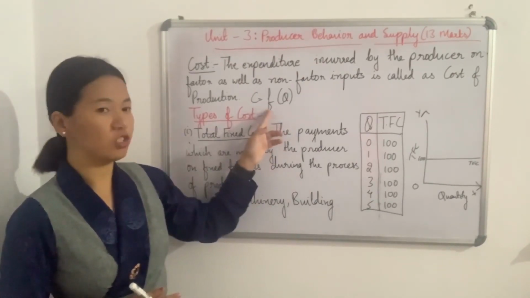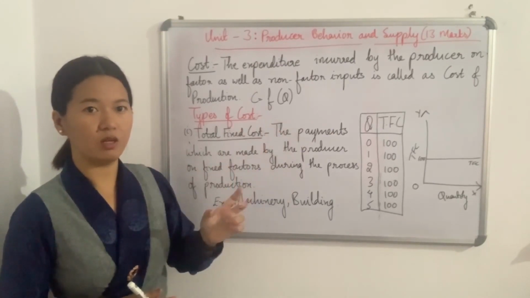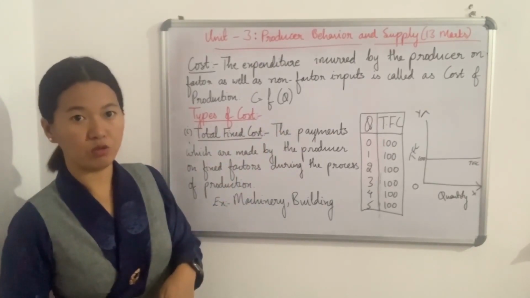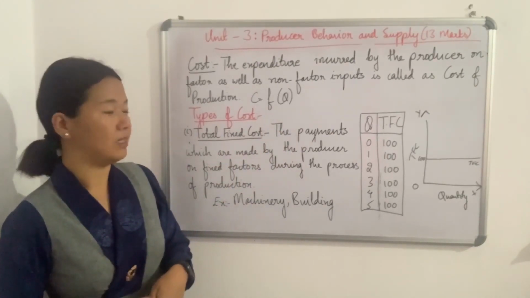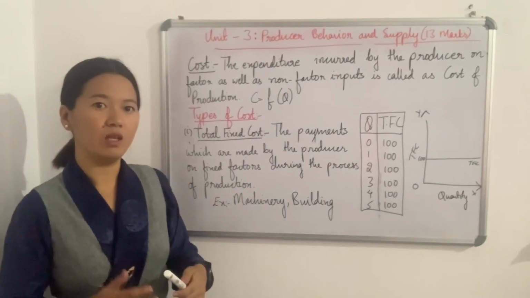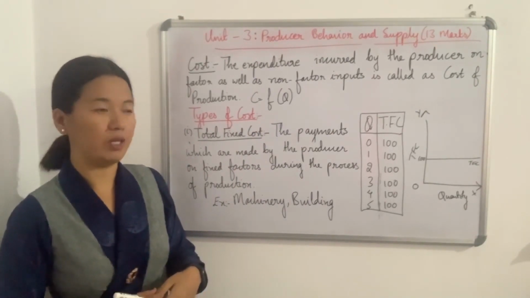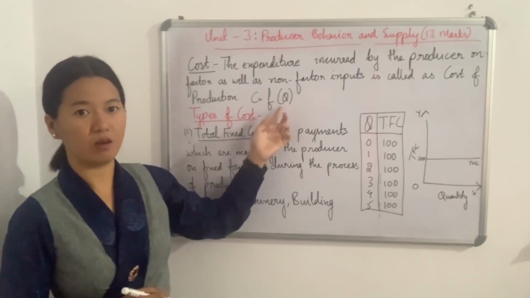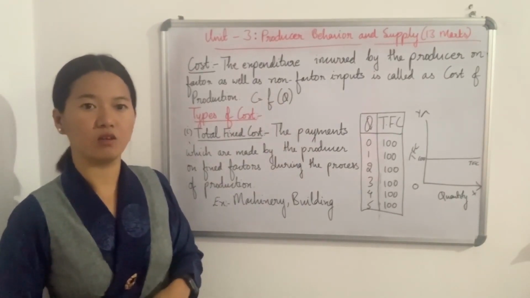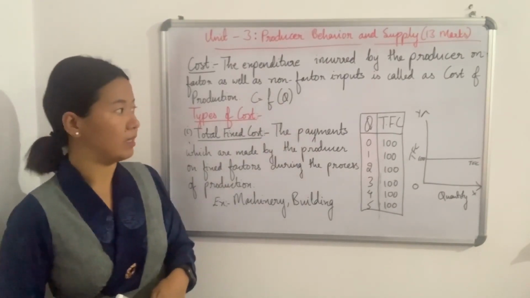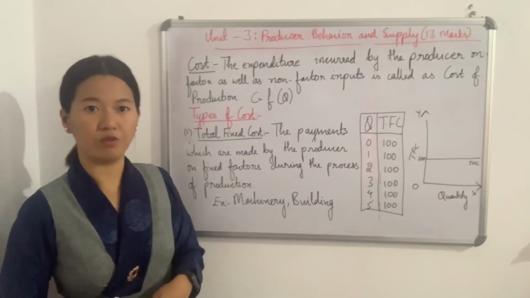So F refers to the functional relationship, Q refers to quantity or output, and C refers to cost. The functional relationship between the cost and the quantity is called the cost function. And next is types of cost.